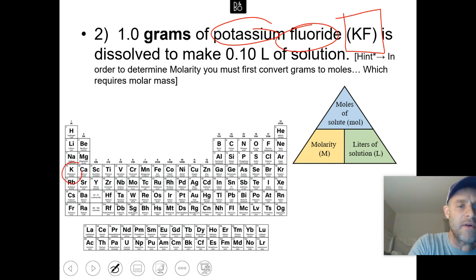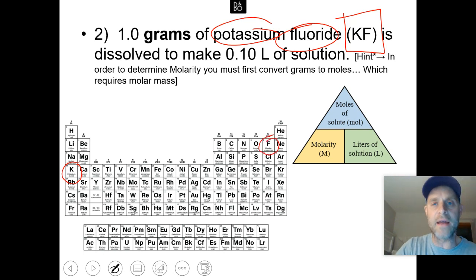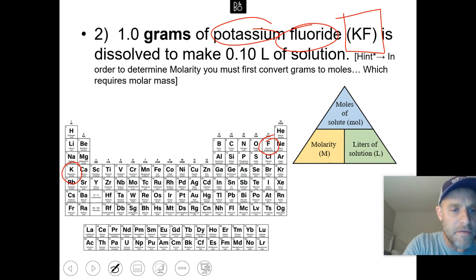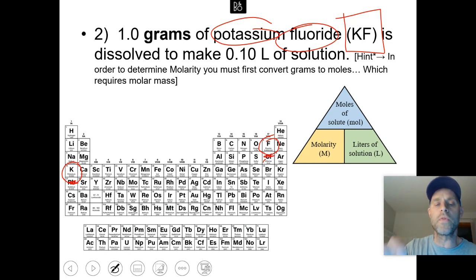I have K right here. That's a metal. And I have F right here. That's a non-metal. But if I look at the very bottom, and I know it's so small in this PowerPoint, at the very bottom, there's the atomic mass of each one of those.